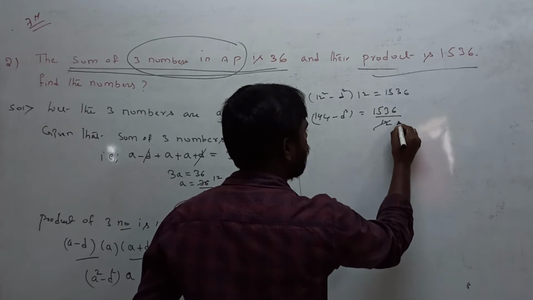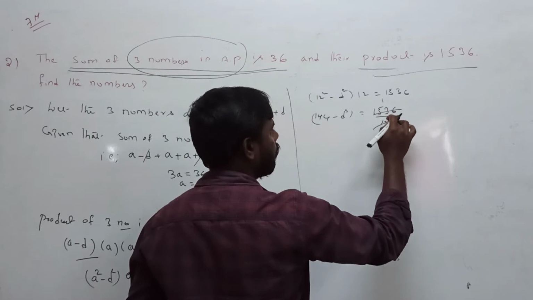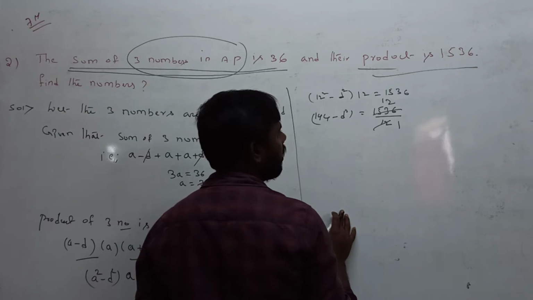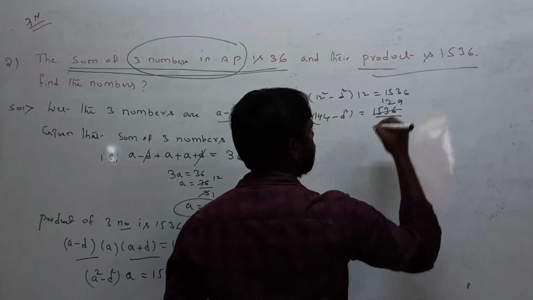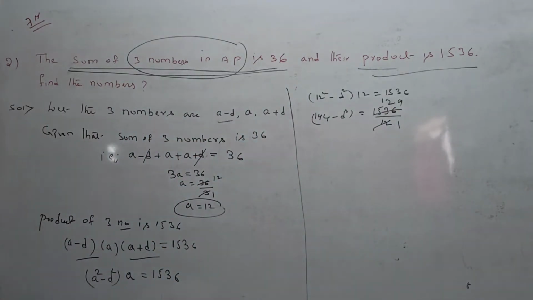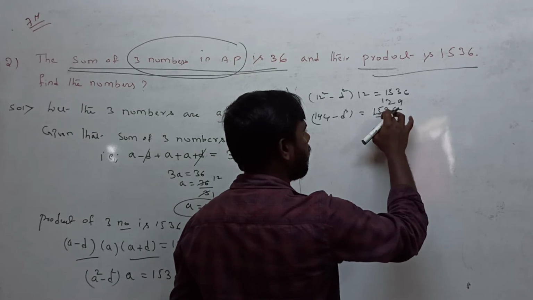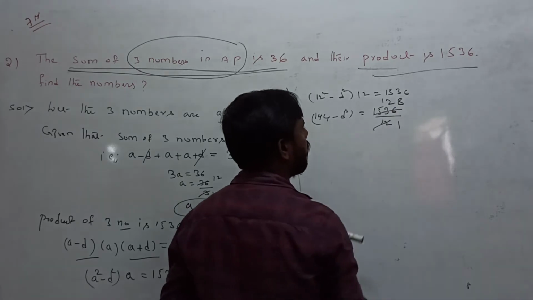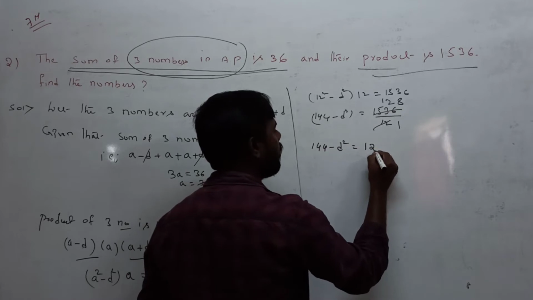Now cancellation: 12 ones are 12, remaining 33. 12 twos are 24, so 96 is there, not 8. So 128. 144 minus D square is equal to 128.